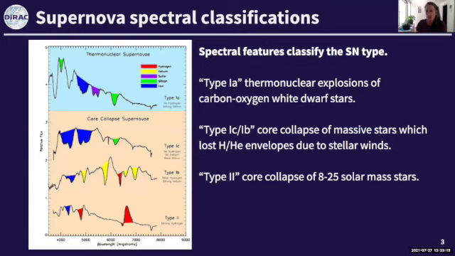These are just examples of supernova spectra, where we use the spectral features that we see in the optical spectrum to classify the supernova type.